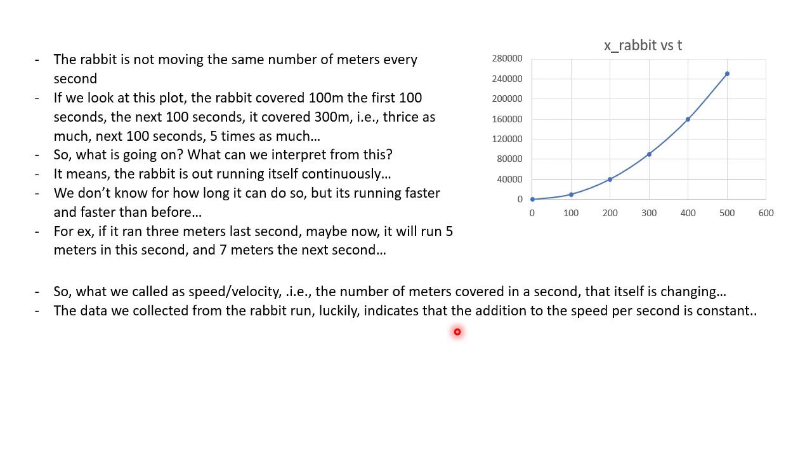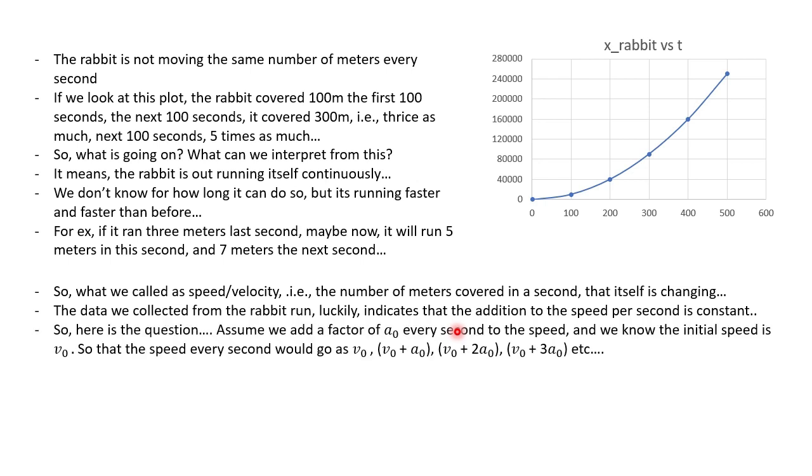The additional number of meters it can cover in every subsequent time interval remains constant as per this data. In the example we looked at, it was always covering 200 more meters in every 100 seconds, so per second it was covering 2 more meters.